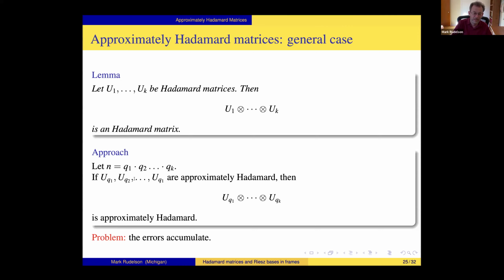Despite the fact that these matrices are very close to Hadamard, there are errors, and these errors decay quickly to 0 when the prime factors go to infinity. But imagine that n contains a prime factor, say 3 to 1000.